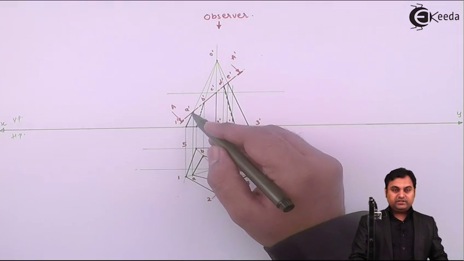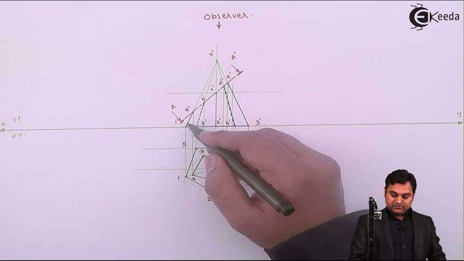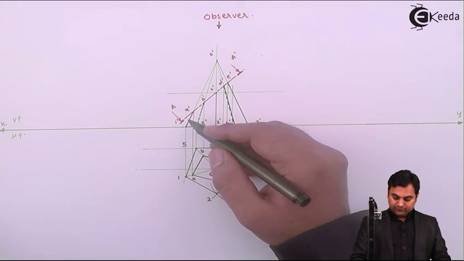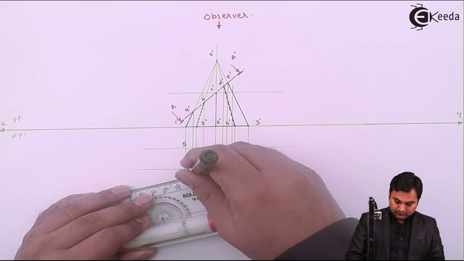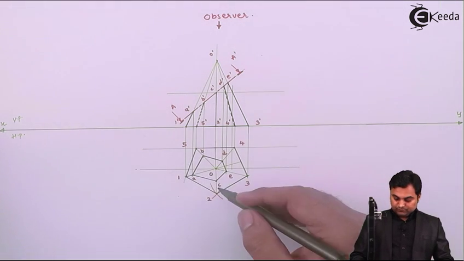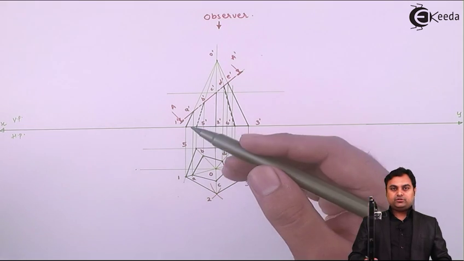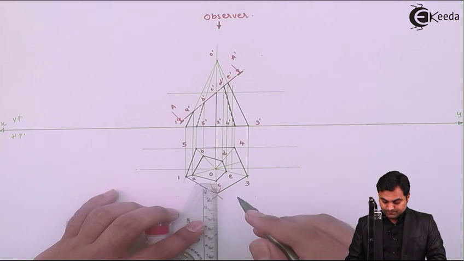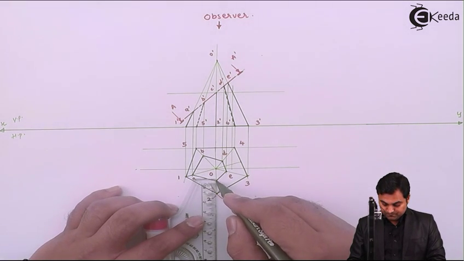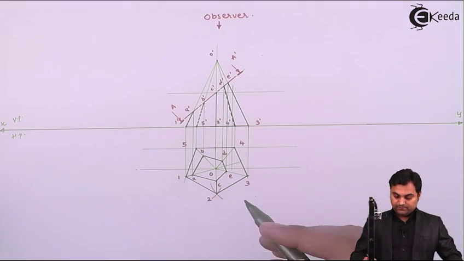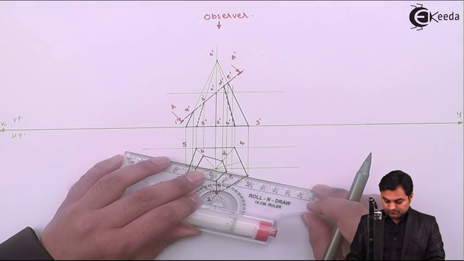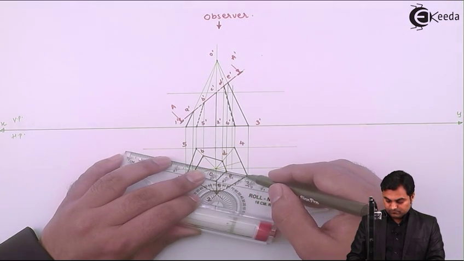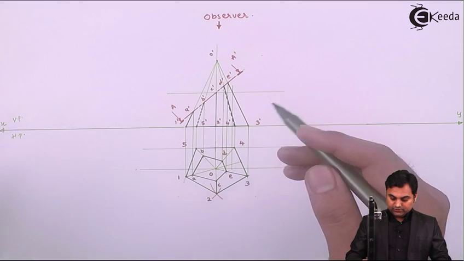Then A dash 1 dash is a continuous line, it is retained and visible from the top. So here I will connect A to 1. Next C to 2, C dash 2 dash is also visible. Then E to 3 is visible. D to 4 is visible.